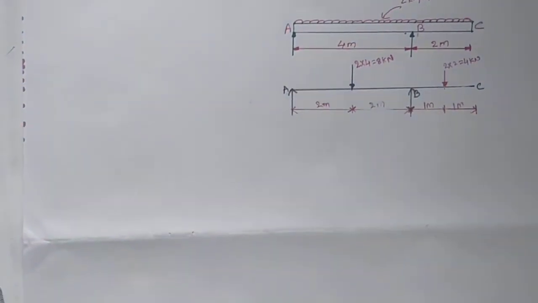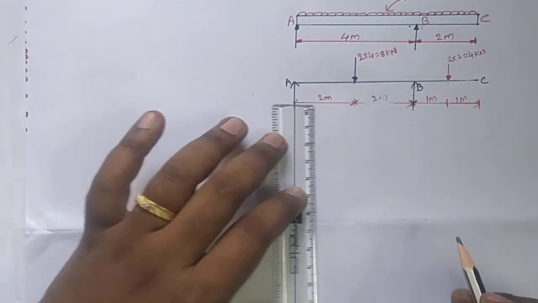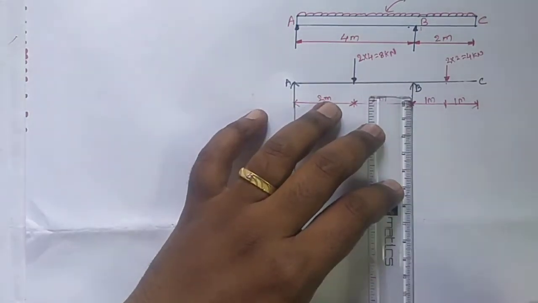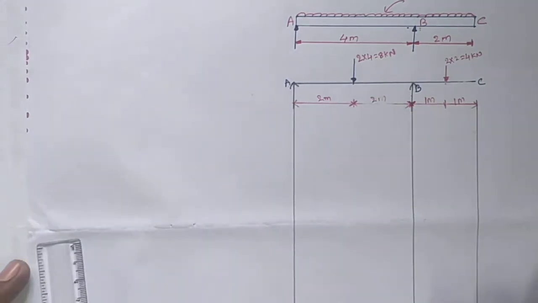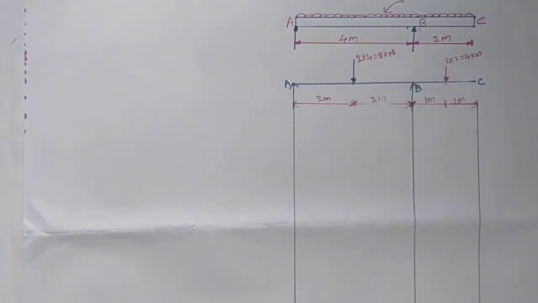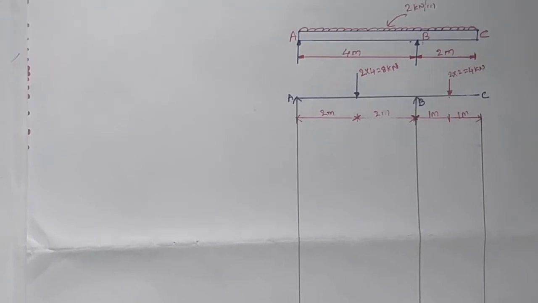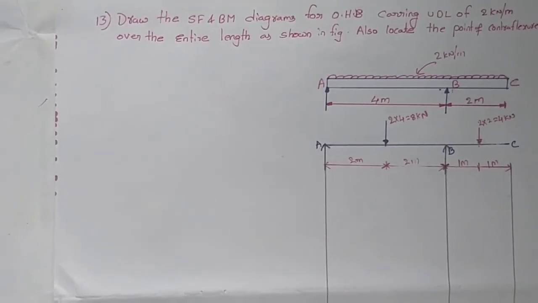So we need to calculate the shear force at point A, next B, next C. At these 3 points we need to calculate shear force and bending moment values. Before finding the shear force values, we need to calculate the reaction forces, which occur at the supports of the overhang beam.